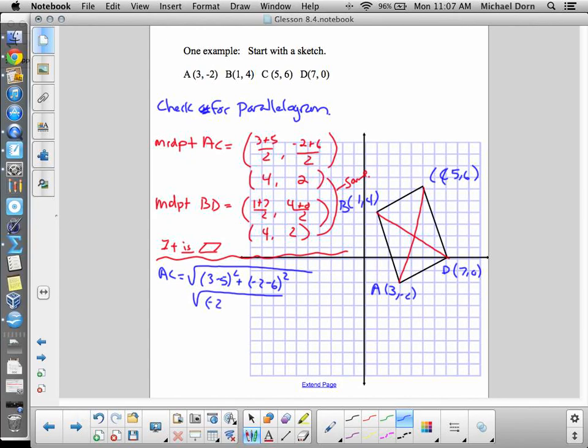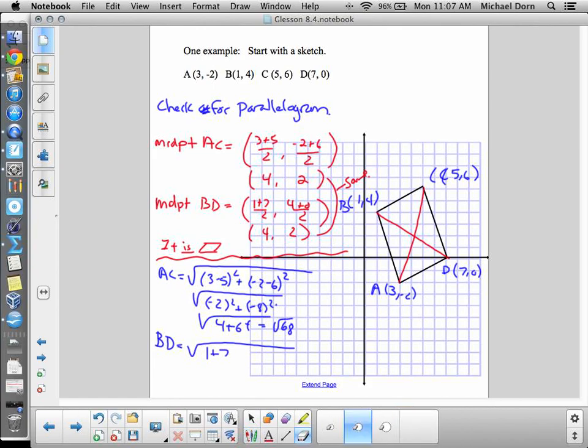So it's -2 squared plus -8 squared. 4 plus 64 is the square root of 68. BD, 1 plus 7 squared, or 1 minus 7 squared.